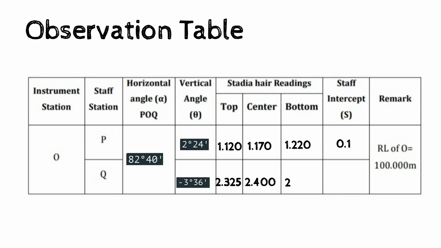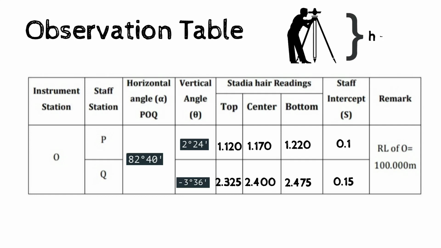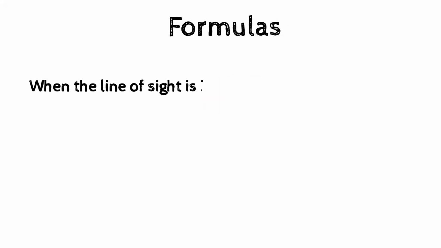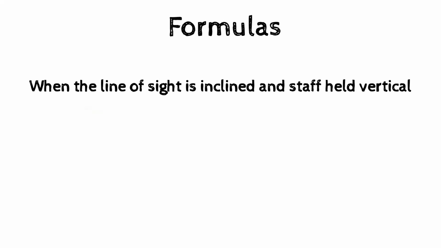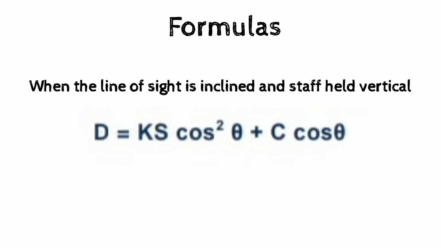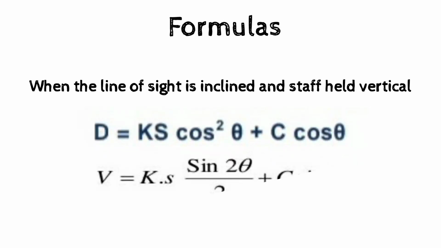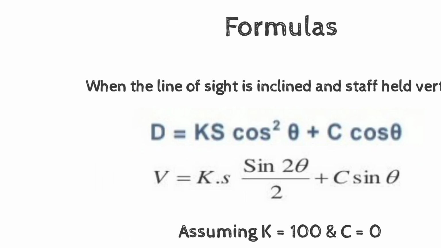We assumed the RL of O as 100 meters and the height of the instrument axis is measured as 1.42 meters. As in our case the line of sight is inclined and the staff is held vertical, the following formulas can be used by assuming K as 100 and C as 0.